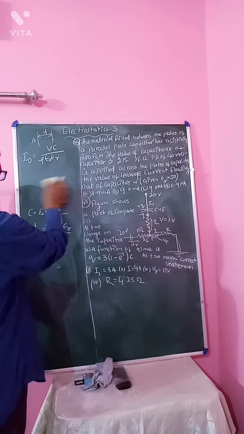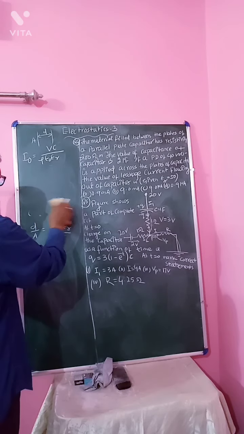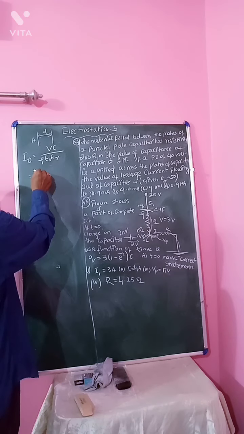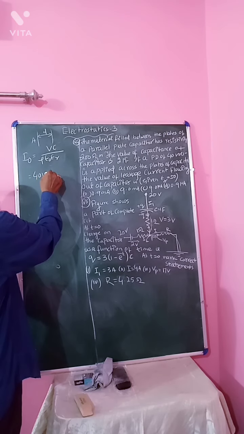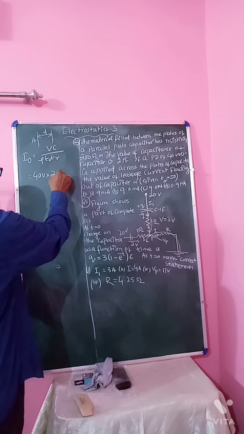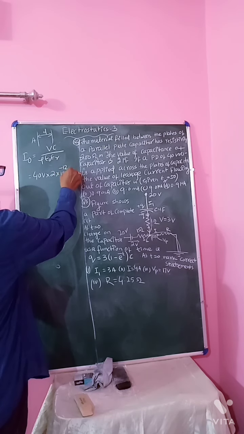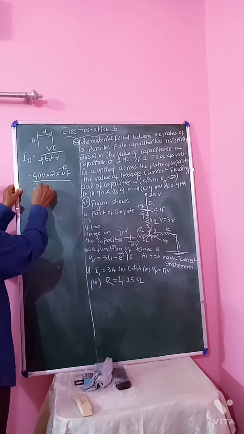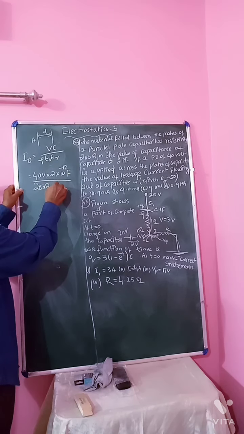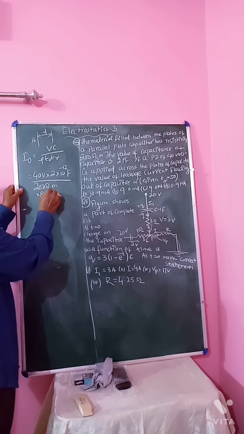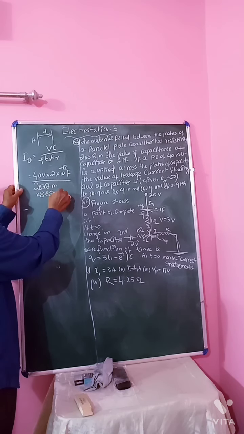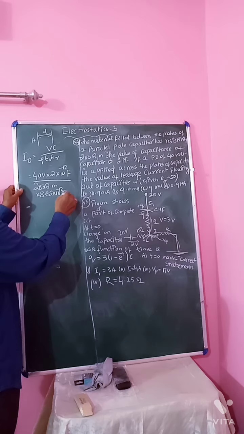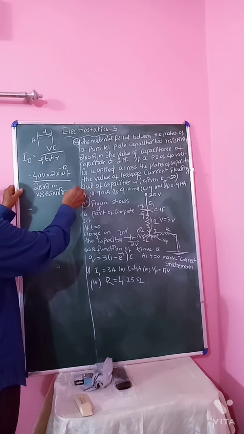Now putting the values, V is 40 volt, C is 2 picofarad, 2 into 10 to the power minus 12 farad, and resistivity 200 ohm meter, epsilon 0 is 8.85 into 10 to the power minus 12 SI unit, into epsilon r 50.